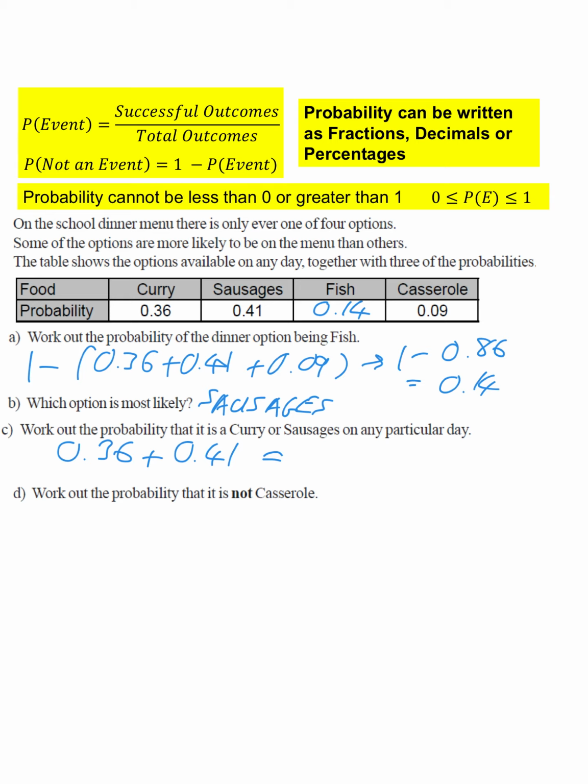And then this will get us 0.77. Finally then, for it not being casserole for part D, just do 1 minus 0.09, which is equal to 0.91. And that's it.